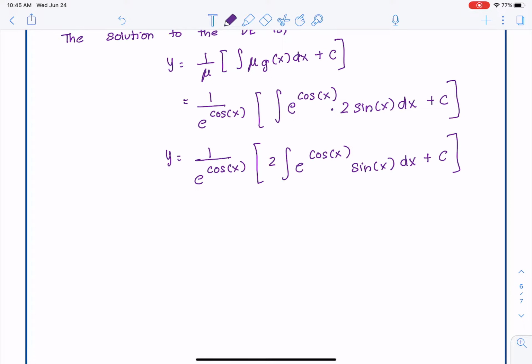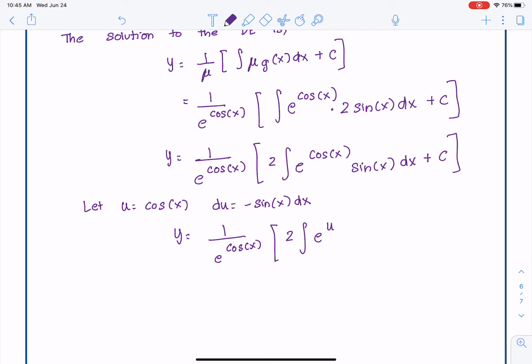This particular integral can be solved with substitution. So if I let u equal cosine x, du would be negative sine x dx. So I am going to replace cosine x in the integral by u, and if du is negative sine x dx, sine x dx would equal negative du.